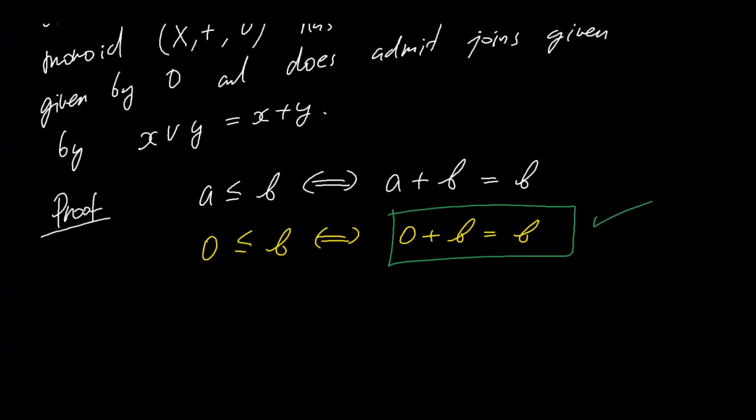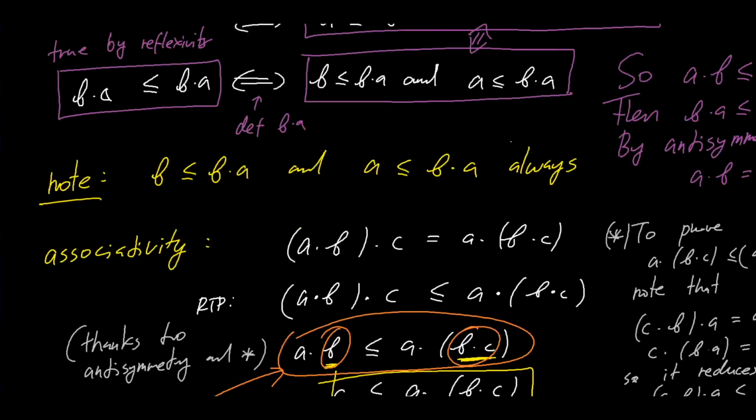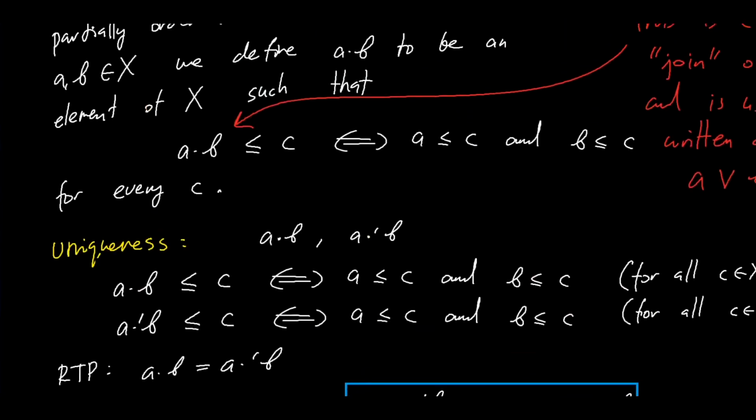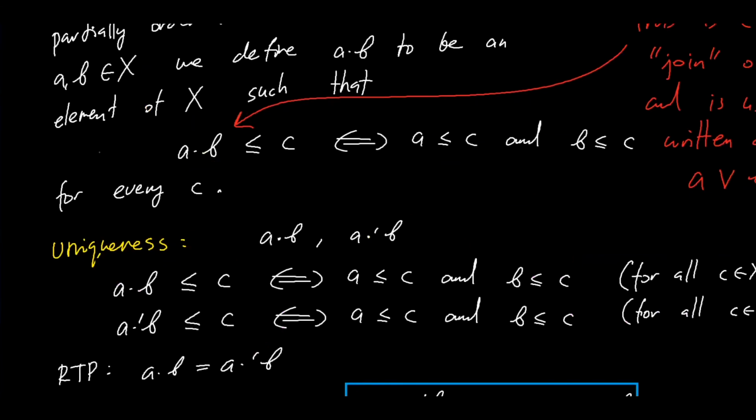Now let's prove that the plus, the operation we start with, is actually the join. And remember, we already know that there is at most one thing that fulfills the definition of join. We know it from here by uniqueness, right? So to prove that plus is join, we just need to prove that plus fulfills this equivalence. That's all we need to do.